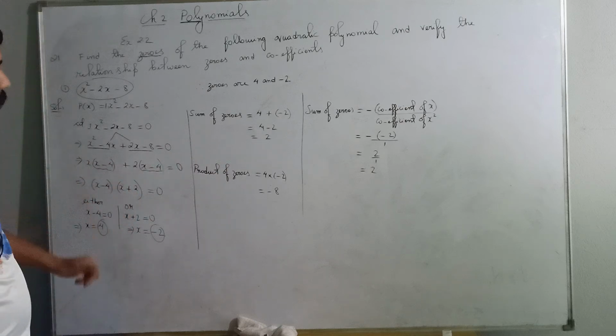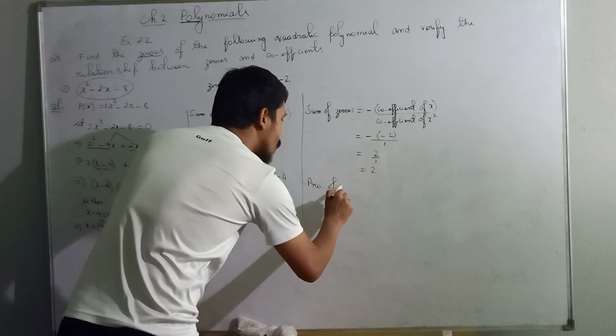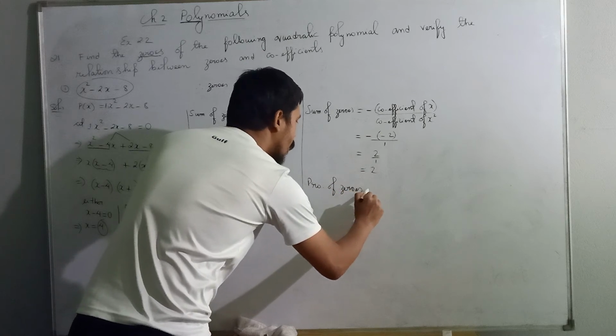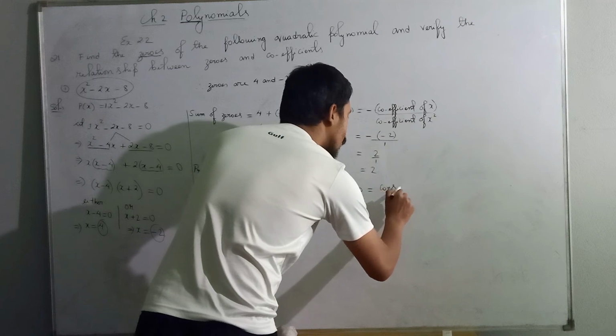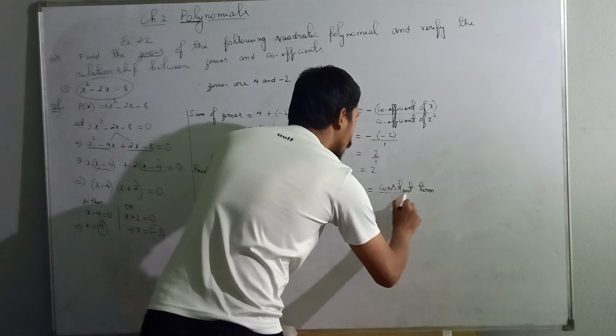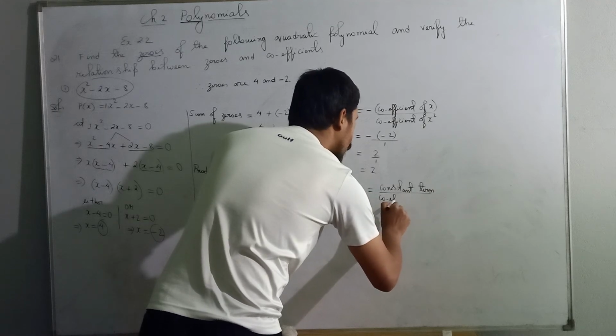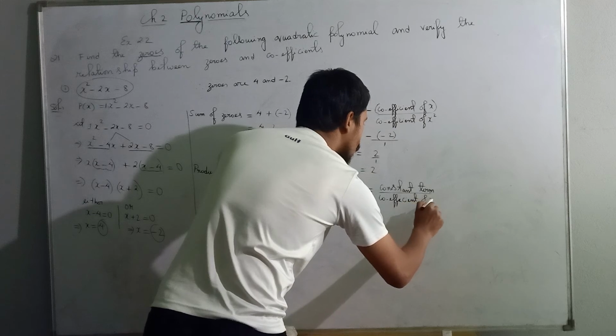Similarly, for the product, there is a formula for determining the product of zeros. The formula for determining the product of zeros is constant term upon coefficient of x squared.